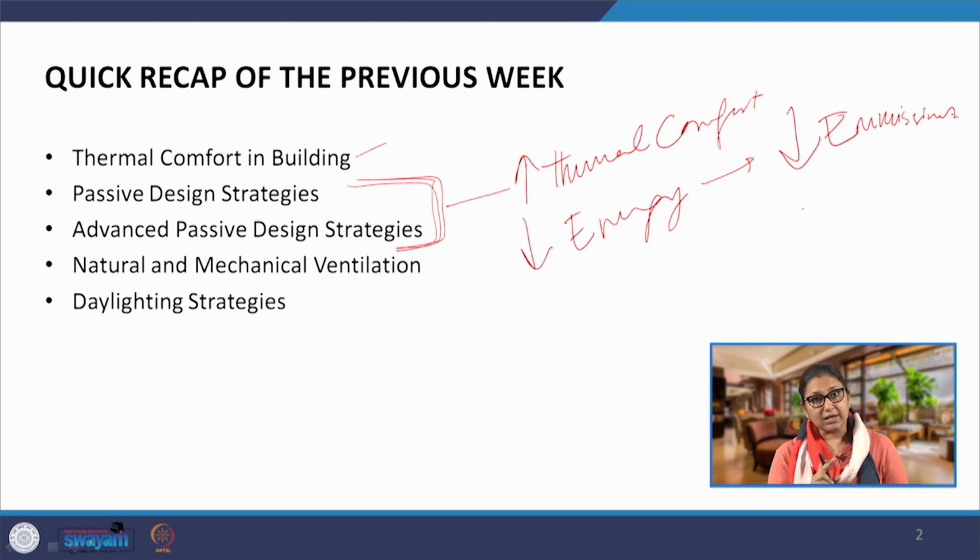Now, all this is actually going in scope 2, but scope 2 is tremendous for different types of businesses, different types of companies, as we have already seen in the week before. So, through the strategies that we saw in the previous week, we were trying to reduce the scope 2 emissions, which accrue because of the amount of electricity or different forms of energy that we use.